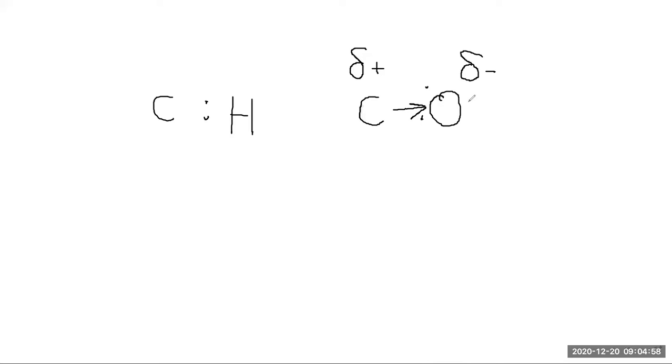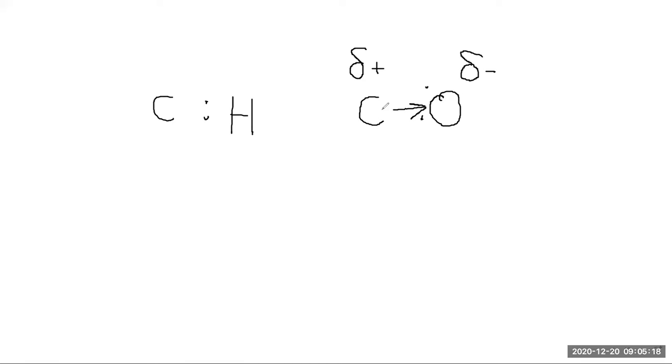Usually we consider a bond polar, not ionic, when the difference between electronegativities of two atoms is 1.7 or 0.8, I don't remember exactly. And for carbon and oxygen, this condition is met.